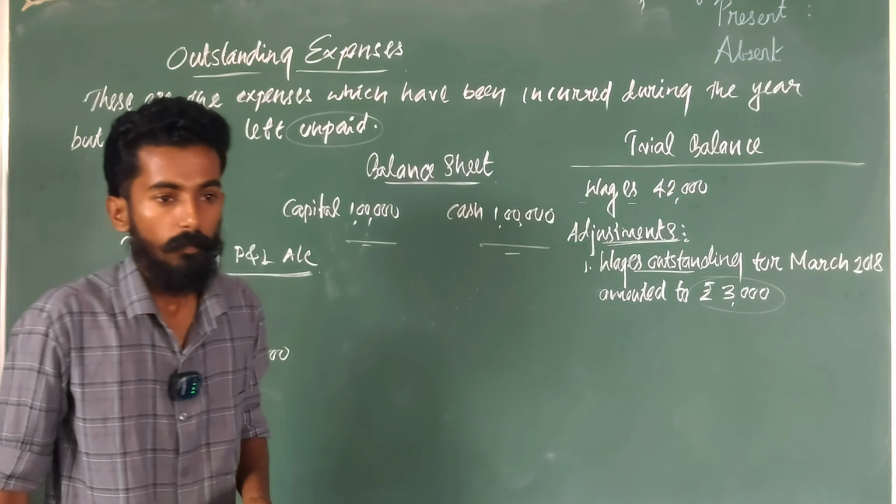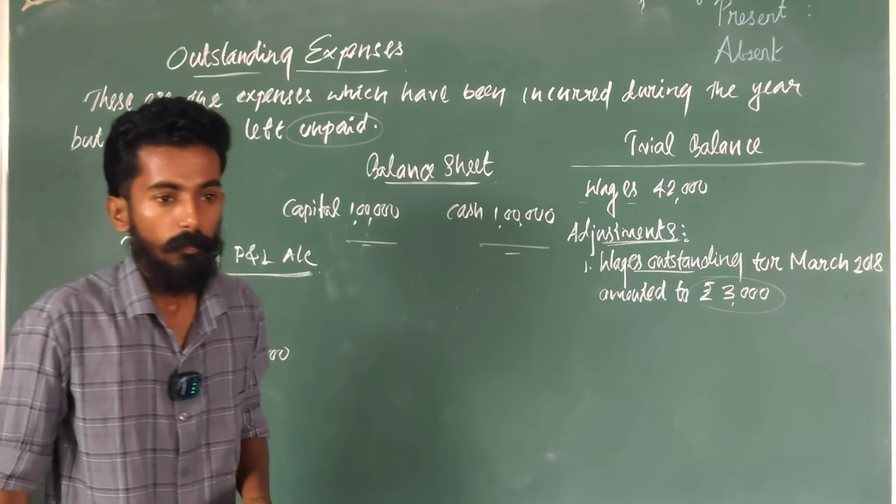Is this 3,000 an asset or a liability for the business? Yes, it is a liability for the business, because we are liable to pay that 3,000. Ready? So where do we adjust this 3,000 in the balance sheet, on the asset side or the liability side? We write outstanding wages on the liability side.